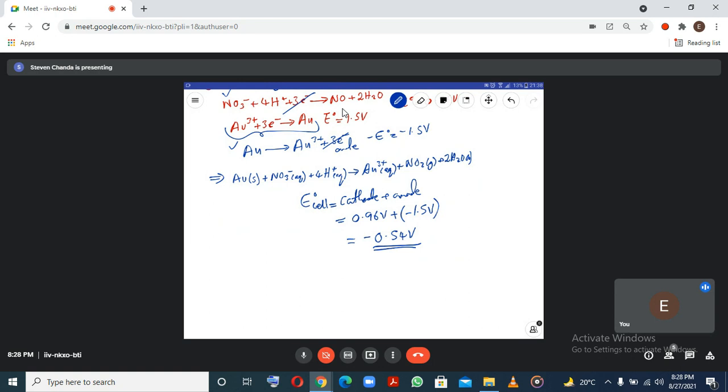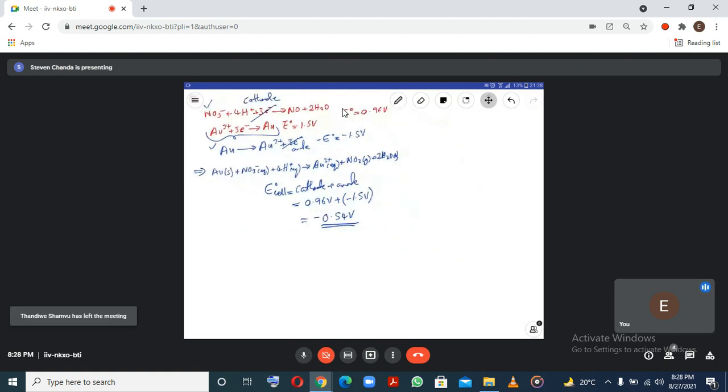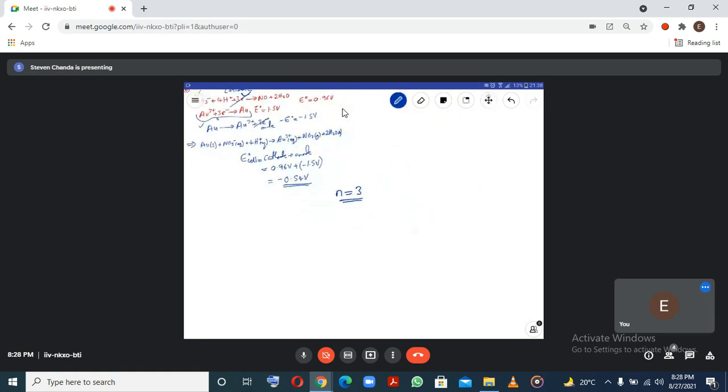From there, we look at our N. How many electrons were transferred? We see that there were three electrons, so our N is going to be 3. Then the change in free energy is going to be N, the number of moles, times Faraday's constant, times the E cell.